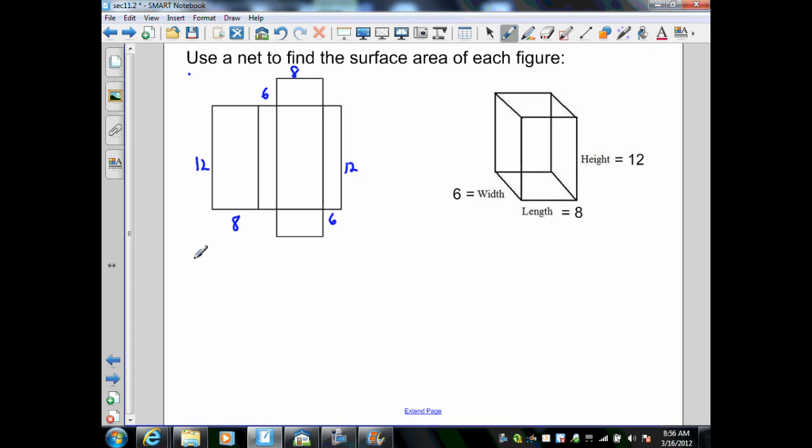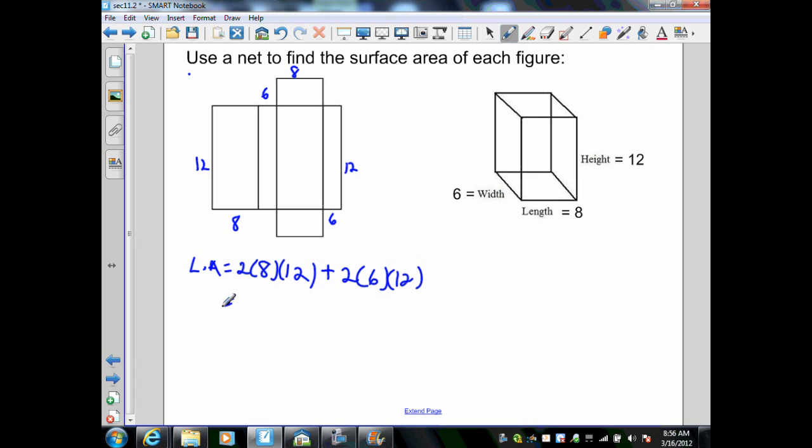To find the lateral surface area, I need to find the sum of my four rectangles. Two with the dimensions of 8 by 12. Remember, area of a rectangle is length times width, or base times height. I have 2 times 8 times 12, plus 2 times 6 times 12, because I have two lateral faces with that dimension.